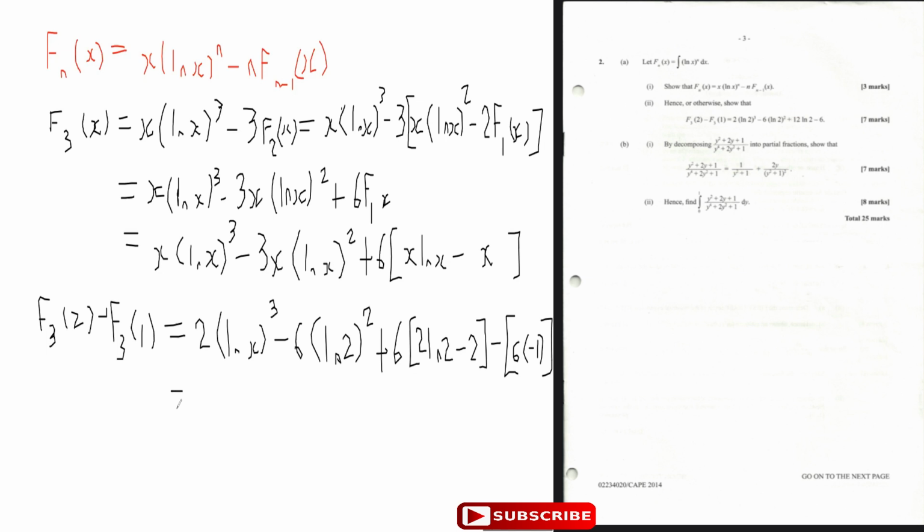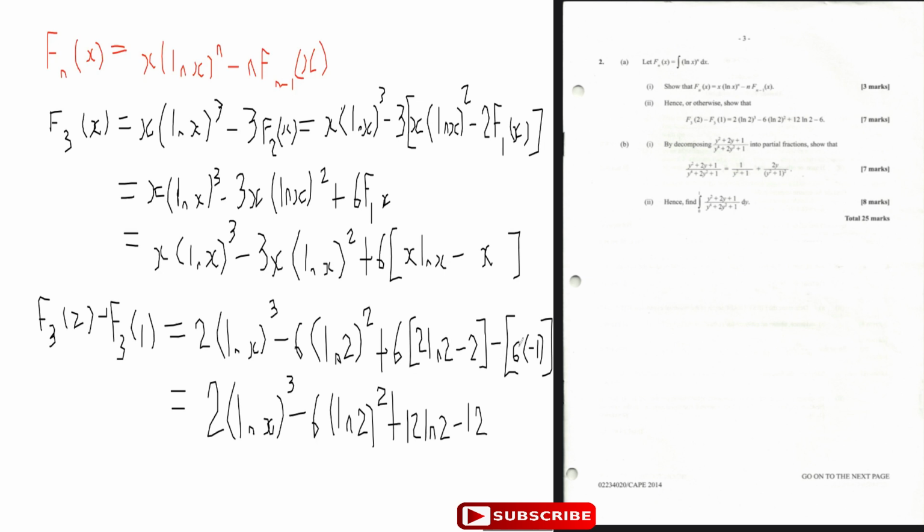So all of this is going to work out to be 2 ln 2 cubed minus 6 times ln 2 squared plus, now 6 times 2 ln 2 is 12 ln 2, minus 6 times 2 is minus 12.